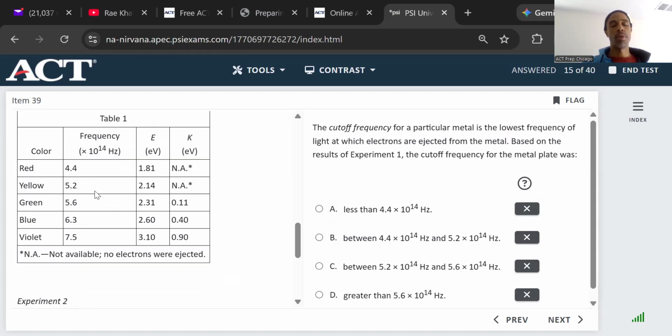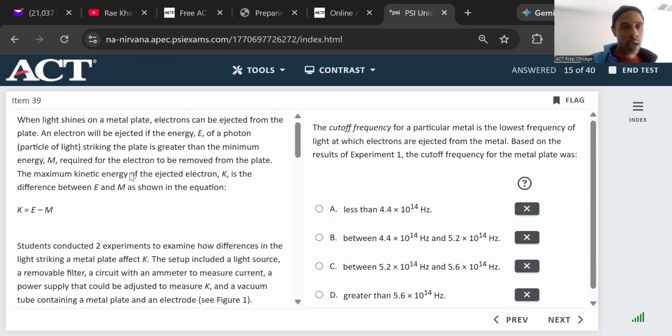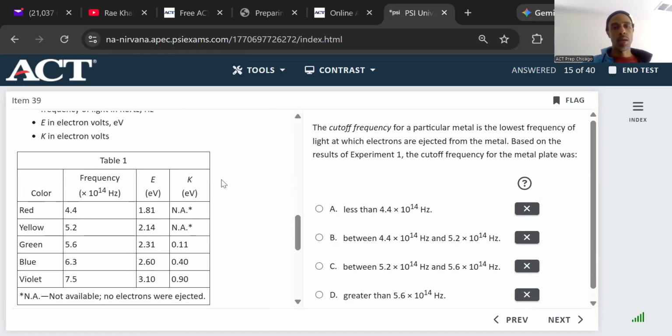between 5.2 and 5.6, because it wasn't available at 5.2, but at 5.6 you had a 0.11, which means that electrons were ejected. Because I think that's what K is. K is the maximum kinetic energy of the ejected electron. Right. So the energy of the ejected electron, K. And they didn't have any ejected electrons.